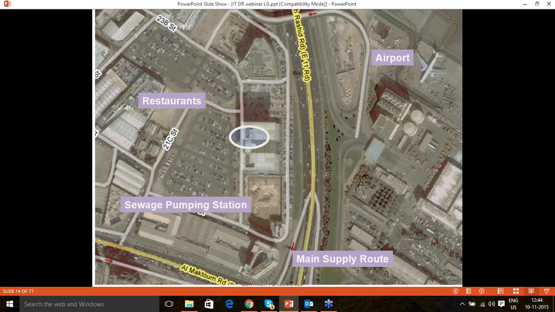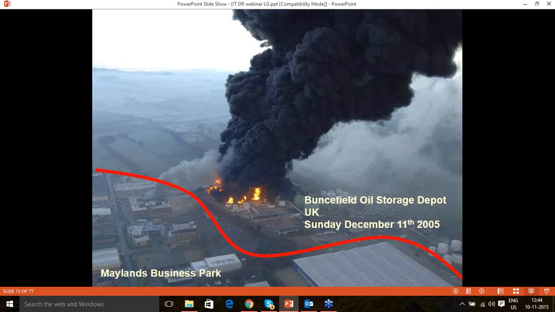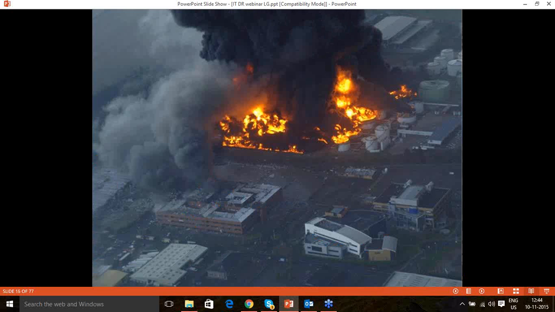This is an oil storage depot in the UK, and there is a business park near it, below this red line, Mainland Business Park. On Sunday, December 11th, 2005, this oil storage depot caught fire. The business park nearby did not have any fire, but still there was the effect of that nearby fire on this building.